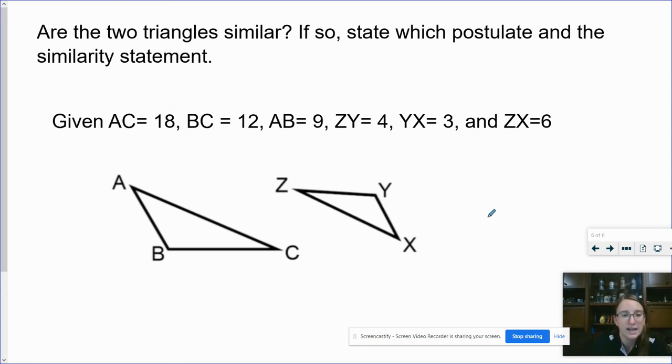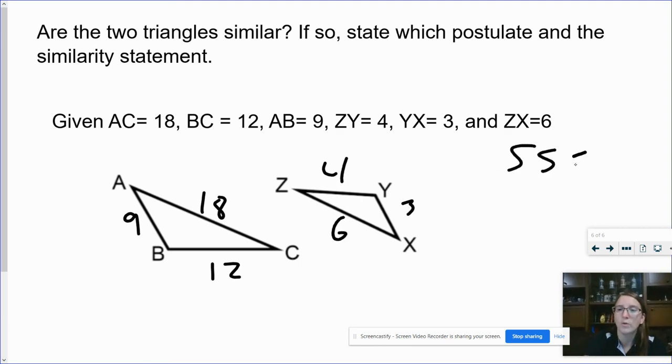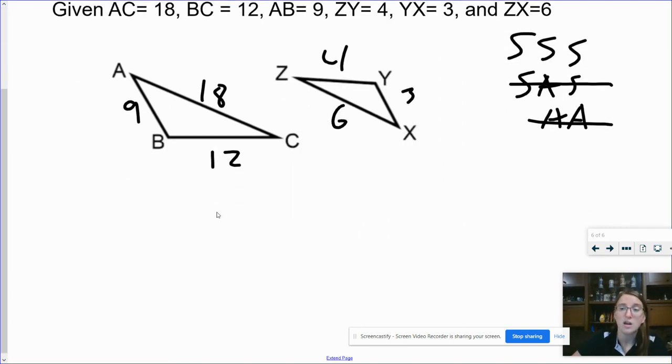Okay, so we got AC is 18, BC is 12, AB is 9, XYZ we got 4, 3, and 6. So looking at our 3 postulates, which one are we going to check for? Side, side, side, hopefully, obviously, because we are given 3 sides. The numbers we are given are sides.